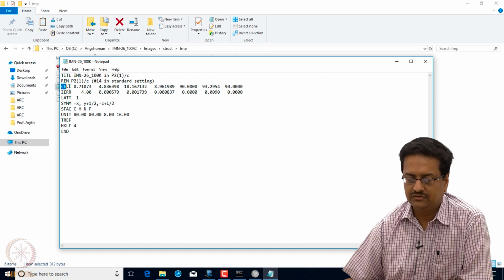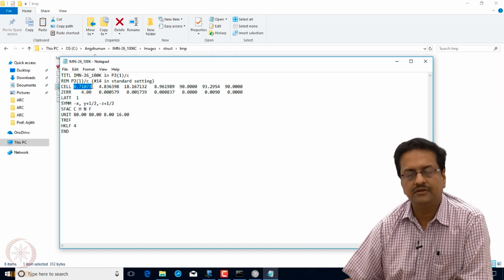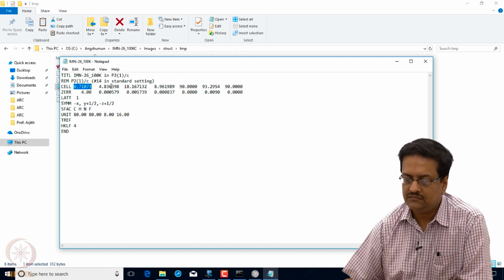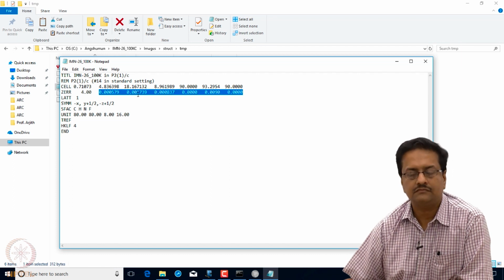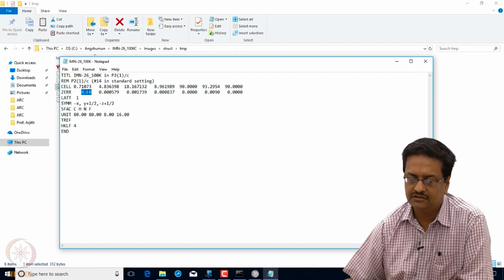Then it talks about the unit cell, so this is CELL, but here you have the information about wavelength, a, b, c, alpha, beta, gamma, the corresponding standard deviations, and the Z. So ZERR comes here.